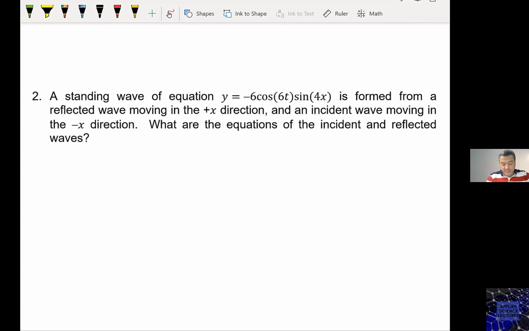Study guide 8, self-test 2, question 2. So in this question, we have the following.